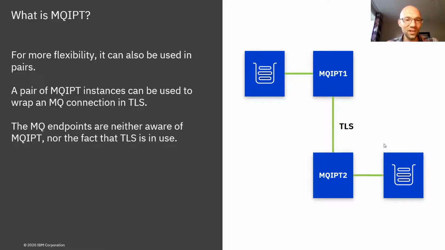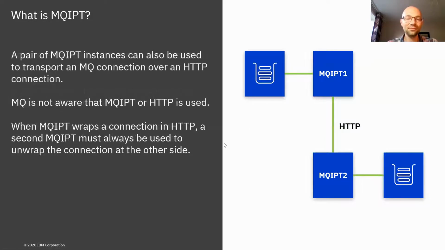They don't need to be configured to use TLS. They don't need to be given certificates and so on to use TLS. And they're also completely unaware that TLS is being used in this connection. But nonetheless, the connection is secured by IPT using TLS. So that's one other use case that you can use a pair of MQIPTs for.